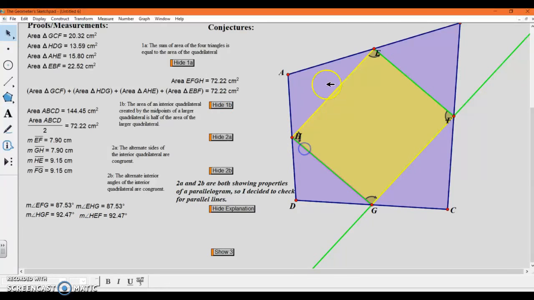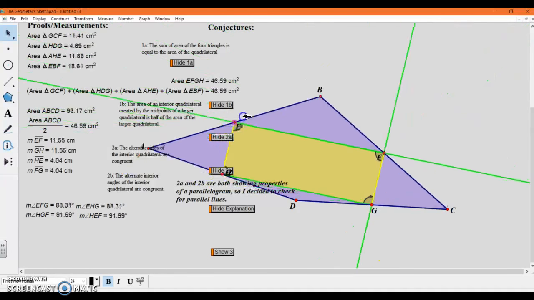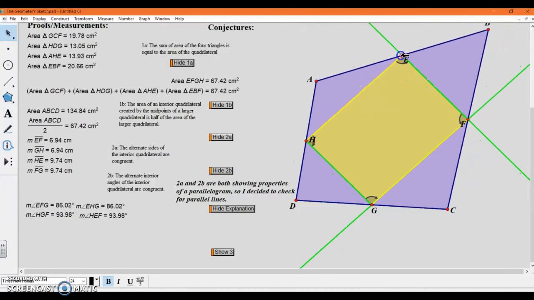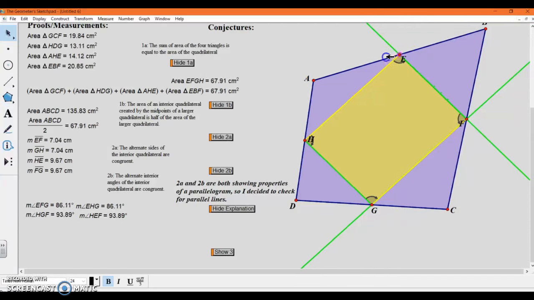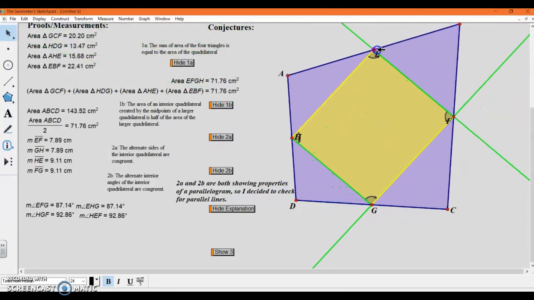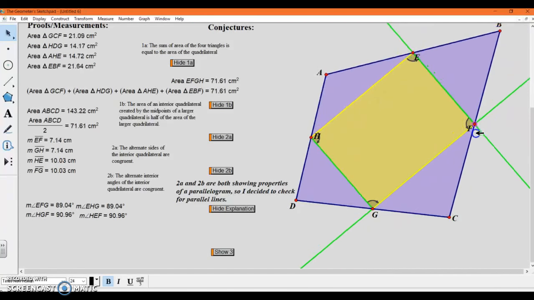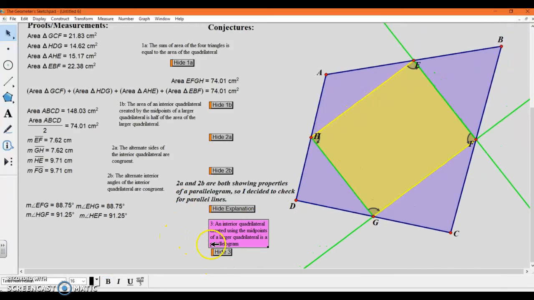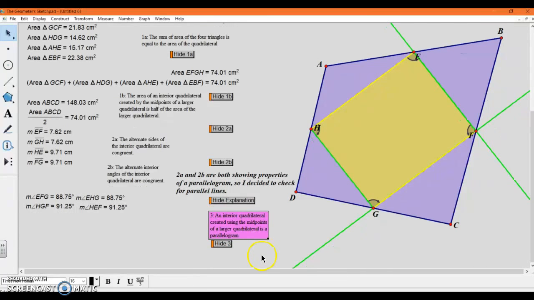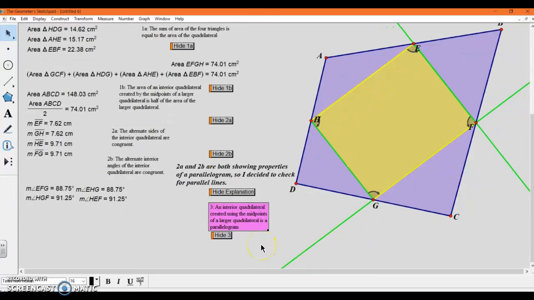Since the definition of a parallelogram is to have two sets of parallel lines, we will check this by constructing a line parallel to line segment GH. Since line segment FE does fall on that parallel line, we can confirm that an interior quadrilateral created using the midpoints of a larger quadrilateral is a parallelogram.